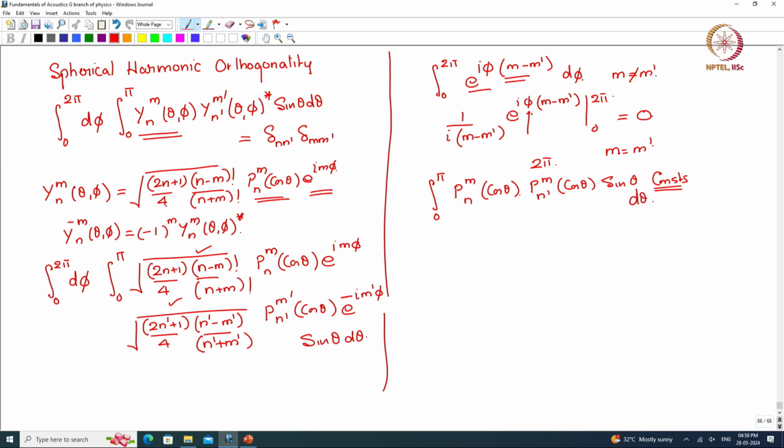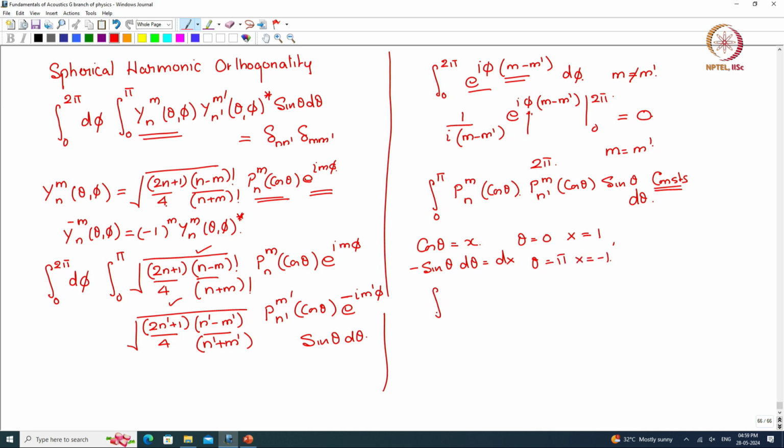Okay. So if I set cos theta equal to x, then minus sin theta d theta is equal to dx. When theta is 0, x equals 1. When theta is equal to pi, x equals minus 1.